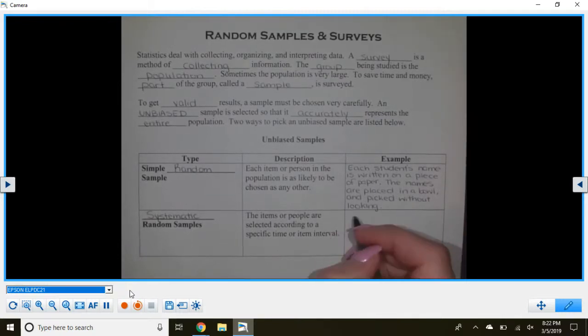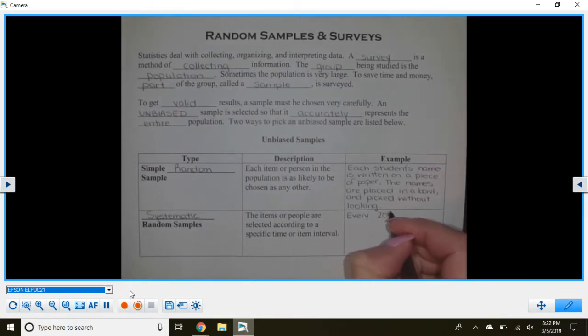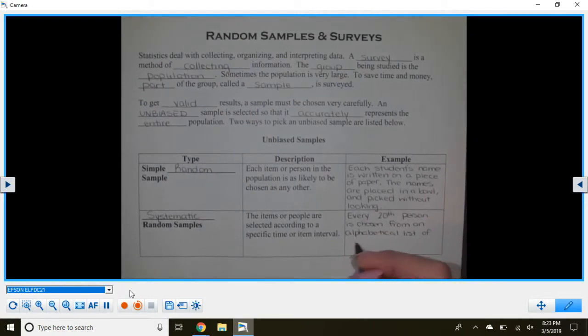For example, every 20th person is chosen from an alphabetical list of all students at the school.